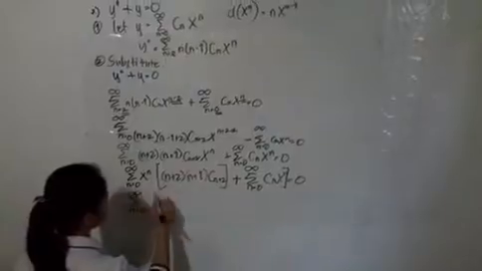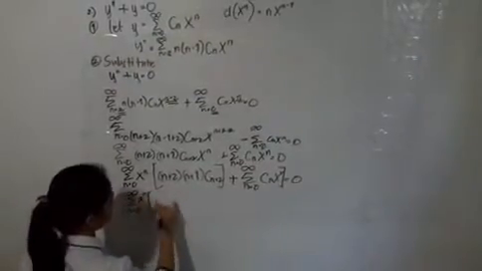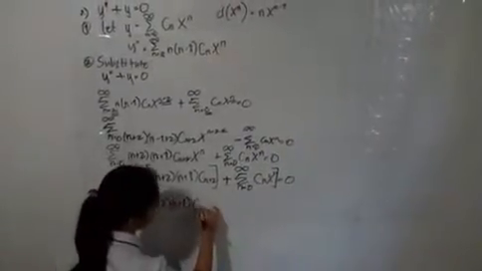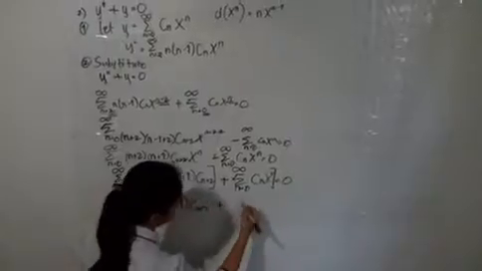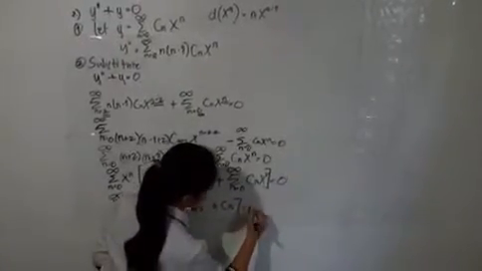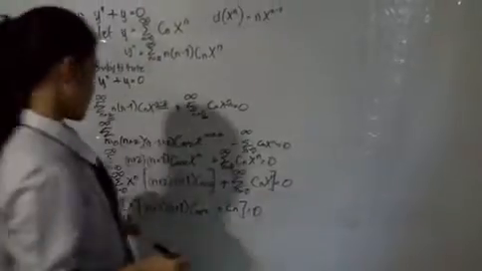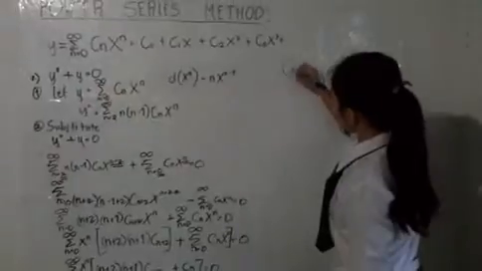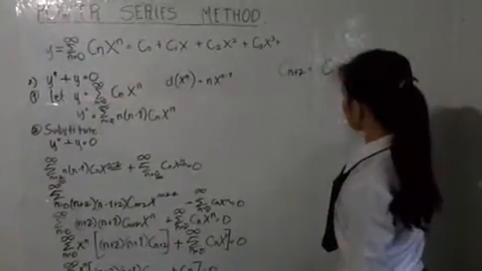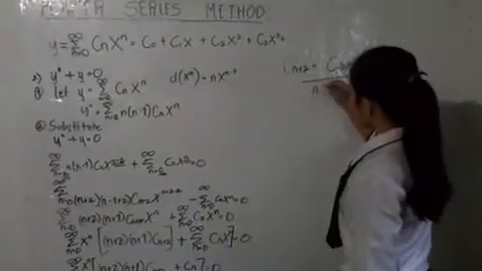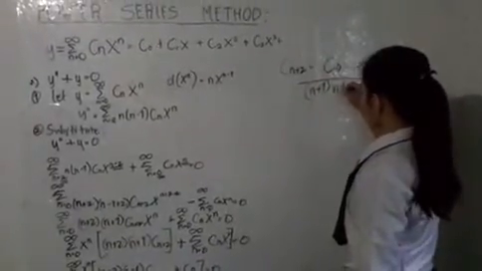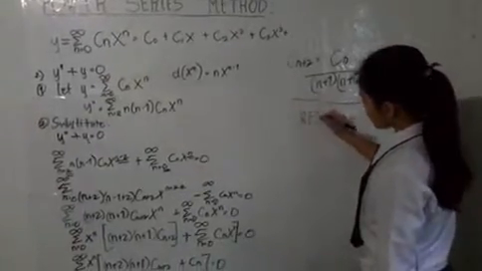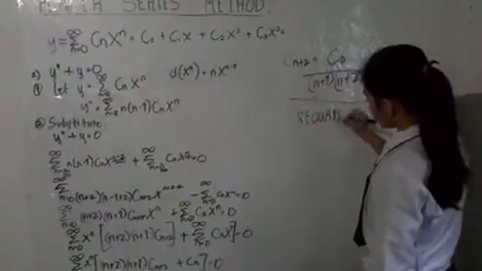Can factor out n plus 2, n plus 1, c sub n plus 2 plus cn is equal to 0. Now, based from here, we can have our recurrence relation. Cn plus 2 is equal to negative Cn over n plus 1, n plus 2. This will be our recurrence relation.